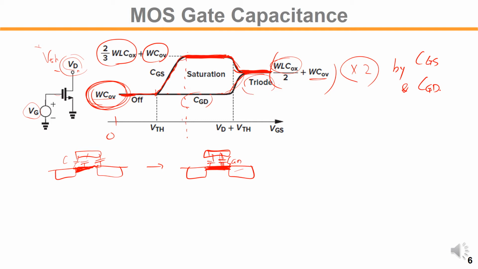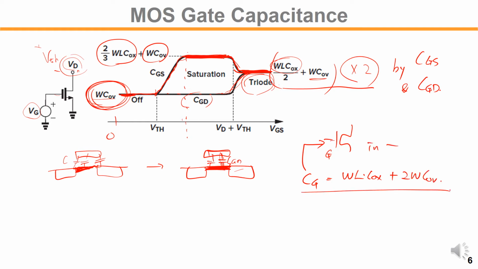So once we get into the triode region, what is the capacitance we are seeing looking into the gate? CG becomes WL times COX plus 2W COV, right?